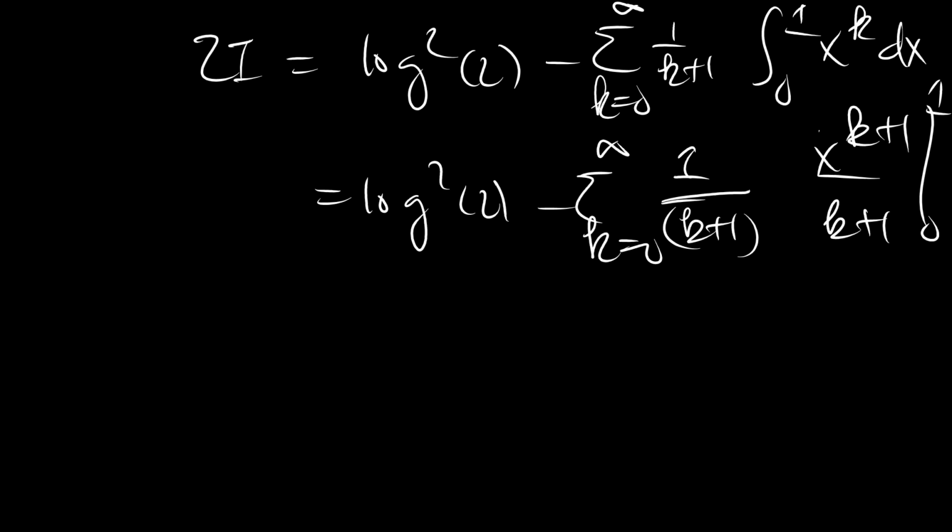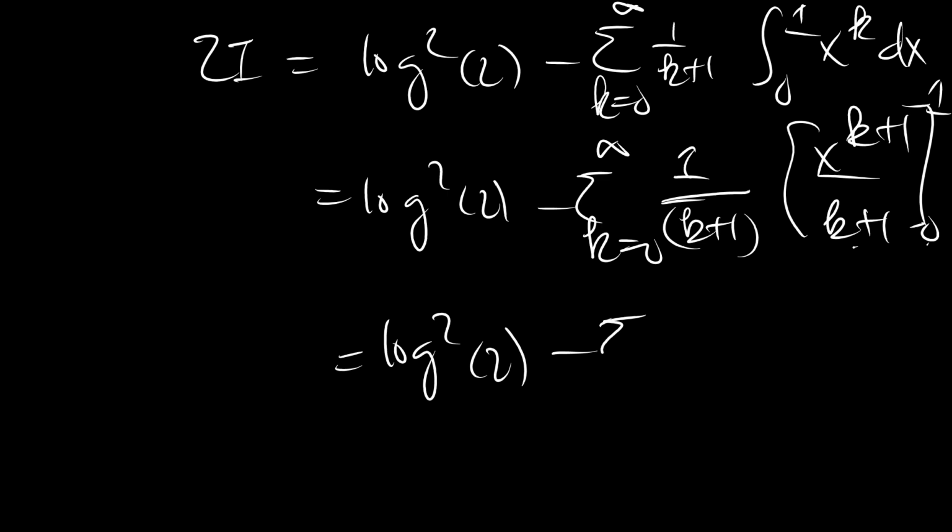And as you can see, the limit as x tends to 1 gives 1 over k plus 1 on the upper side and 0 on the lower side.